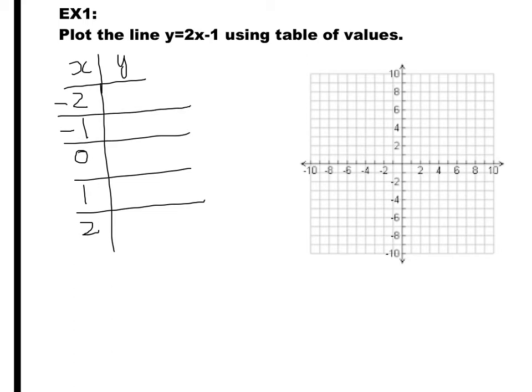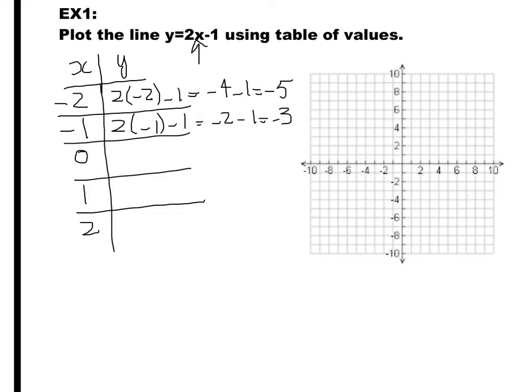For point -2, we are going to substitute x equal to -2 and evaluate the function. So this becomes 2 times -2 minus 1, which is -4, minus 1, which is -5. For -1, we say 2 times -1 minus 1, which is -2 minus 1, which is -3.